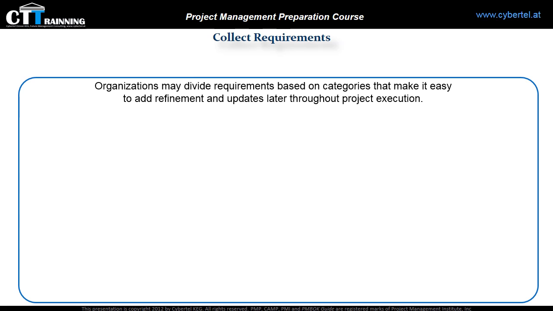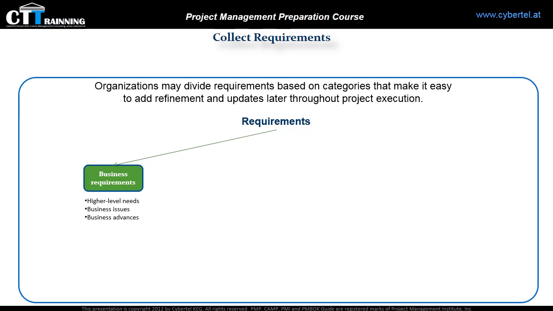Organizations may divide requirements based on categories that make it easy to add refinement and updates later throughout the project execution. Examples of those specifications include business requirements. This is the higher level needs of the organization as a whole, such as business issues or business advances, and the reason why we do this project.